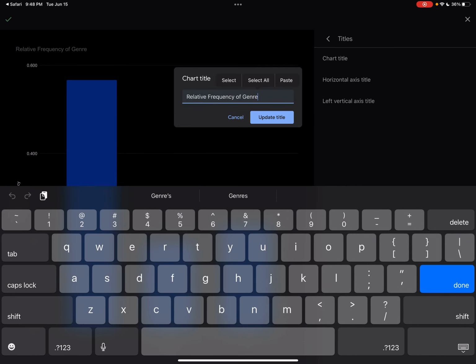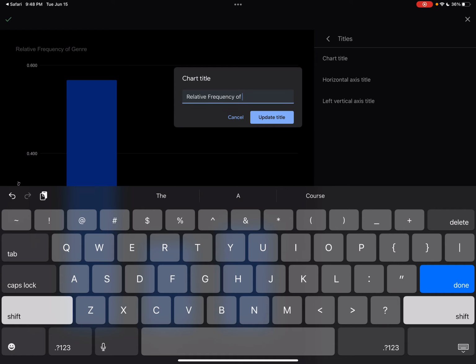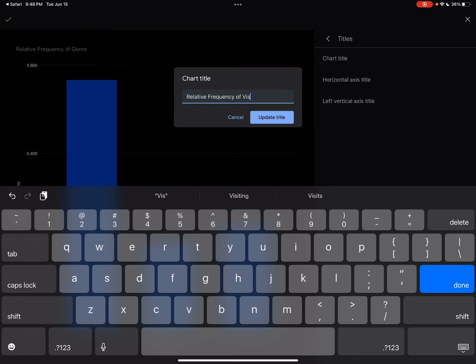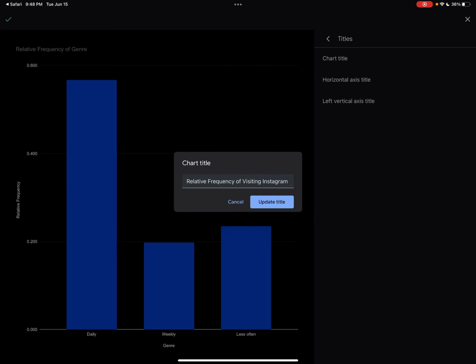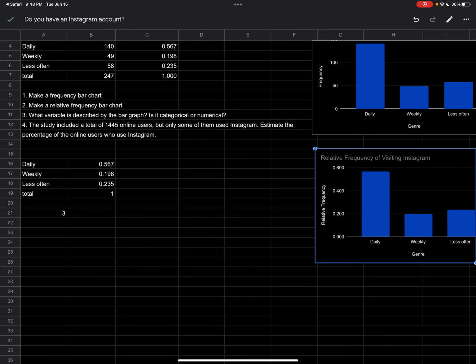This is relative frequency of visiting Instagram. There we go. And we'll update that, hit the green check mark.